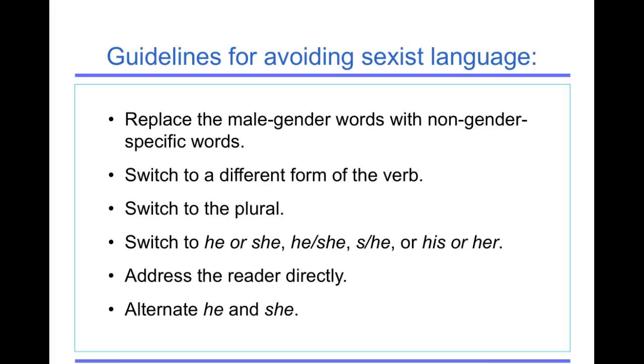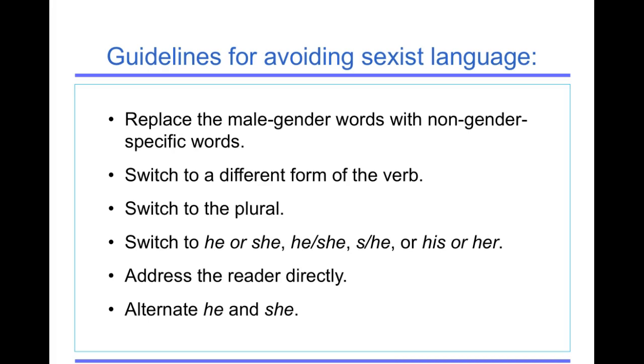So if you don't want to say the waiter or the server, you might say the servers, they, rather than the server, he. That way you don't have to use the he or she or he slash she or she slash he or his or her constructions.